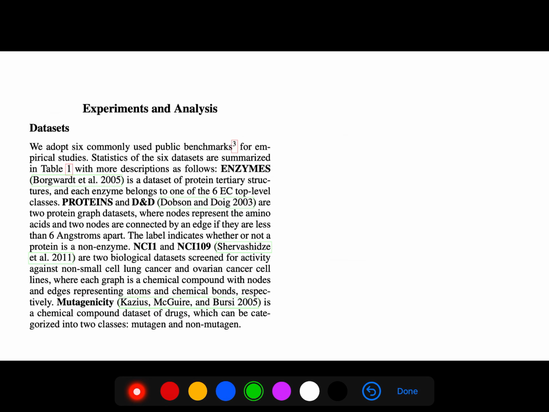So they have worked on ENZYMES, which is a very difficult data set. I mean, state of the art is very, very low in comparison to DD, PROTEINS, NCI1. I don't know about NCI109. MUTAG is also important.